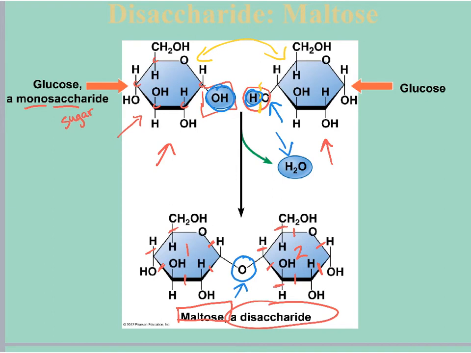And this releases energy. Remember, every time that you break a bond between atoms, energy is released. So monosaccharides and disaccharides and oligosaccharides offer very quick energy for when you need it. So it's like having energy on hand.